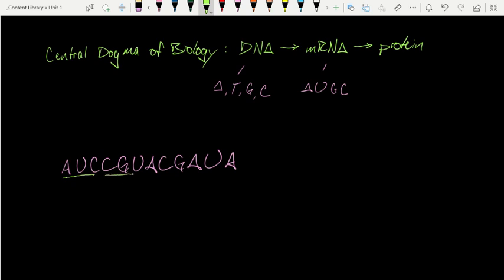AUC, CGU, ACG, AUA. Now you can just quickly Google something called the triplet codon code because we know how to interpret this. So I look at that code and I can see that AUC actually codes for the amino acid isoleucine.